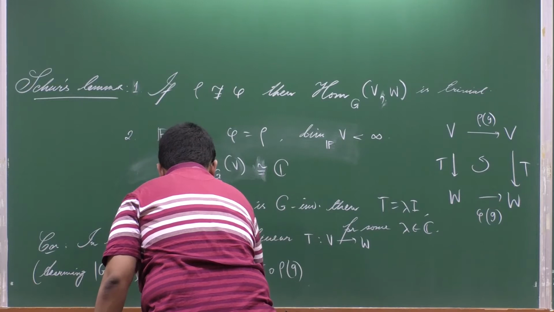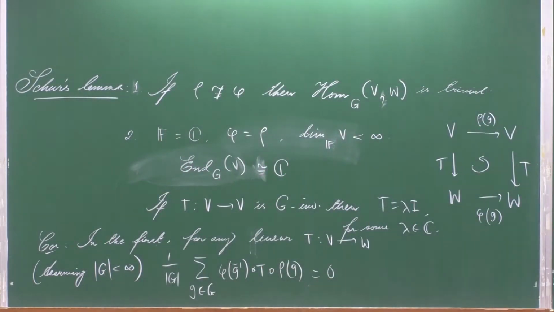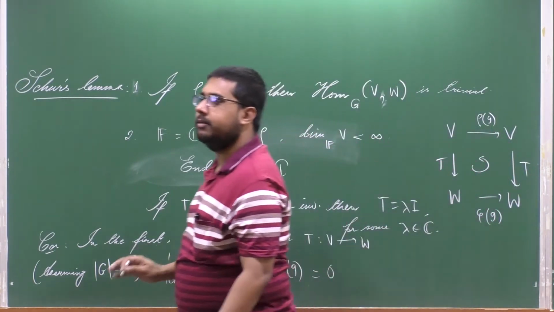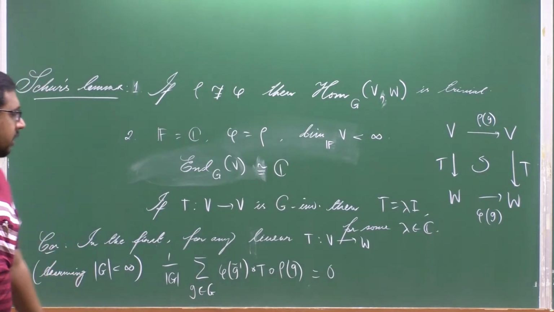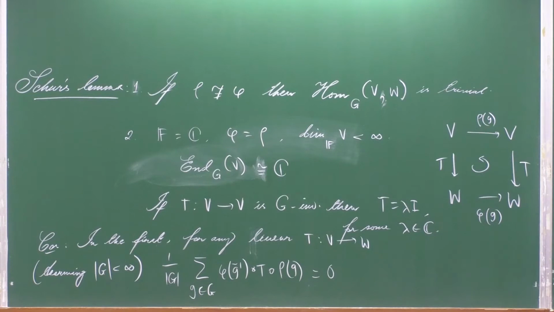So, this is simply 0 in the first case, because this operator is a G invariant linear operator, and by Schur's lemma it has to be the trivial operator.